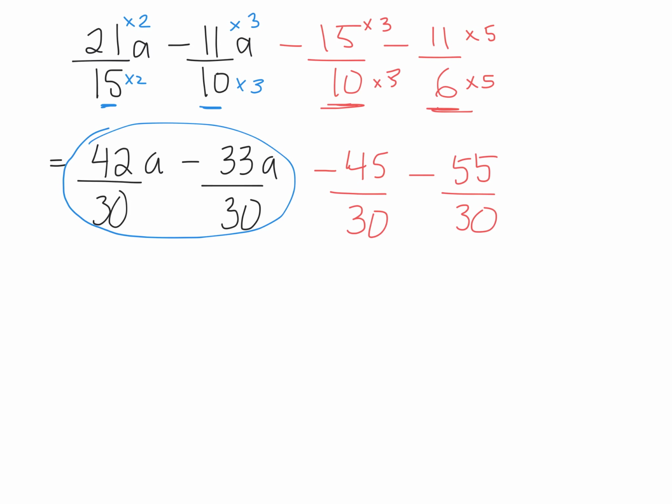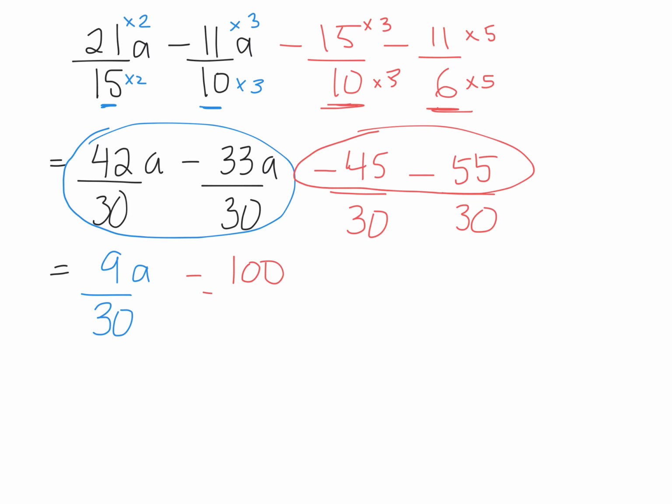What's 42 over 30a minus 33 over 30a? 42 take away 33 is 9. So 9 over 30a. Good. What is negative 45 take away 55? Good. Negative 100 over 30.